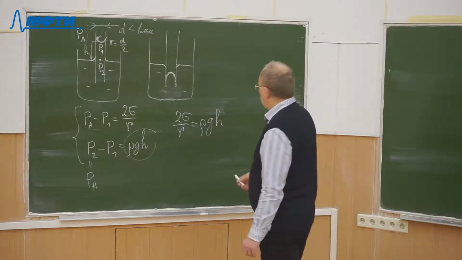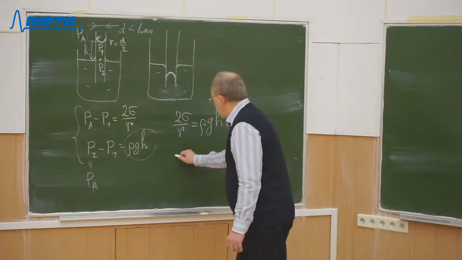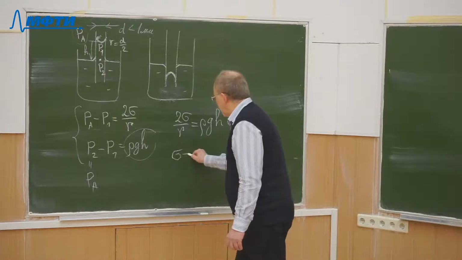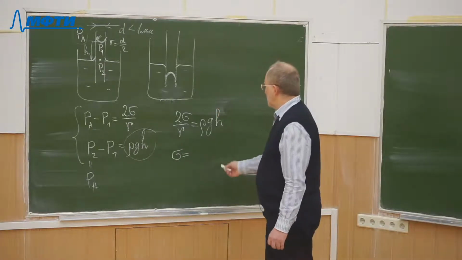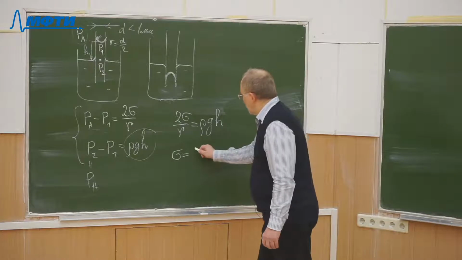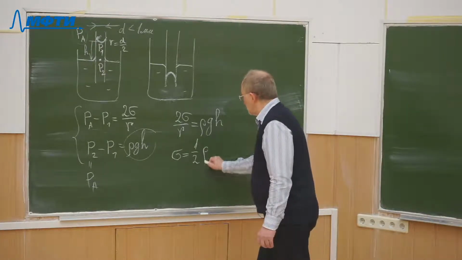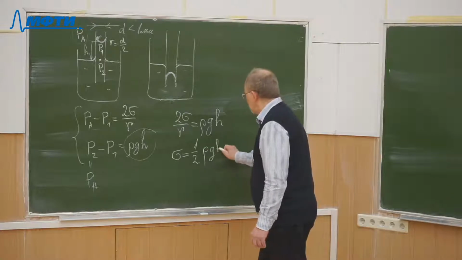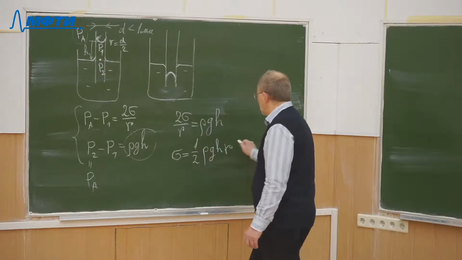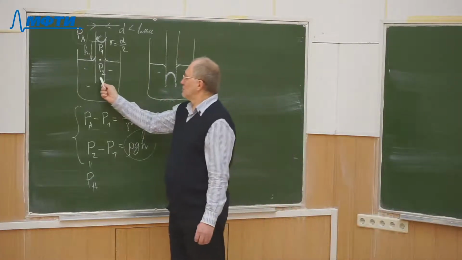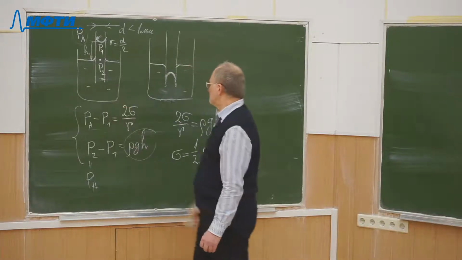And from here we obtain that sigma, the surface tension, equals 1/2 of rho g h times the radius of this capillary tube.